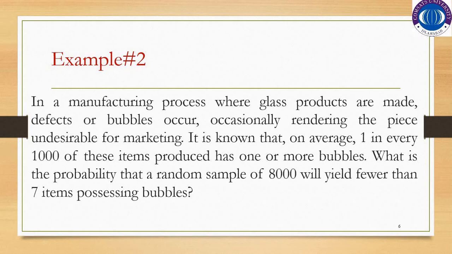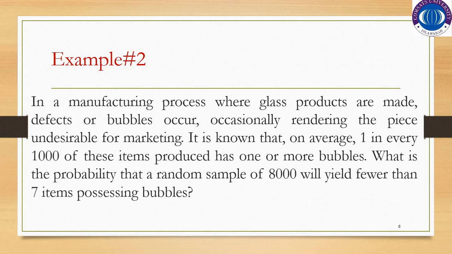So what's happening here? There is a manufacturing process of glass products, and rarely or occasionally defects or bubbles occur in the piece, which is undesirable for marketing, and the chance of the item being defective or with bubbles is 1 in every 1,000, which is very small.